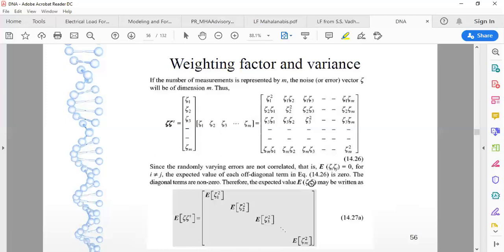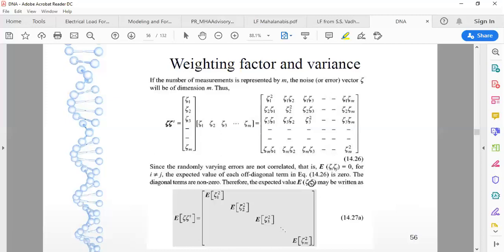So for that, let's find the product of zeta. What is zeta? Zeta is nothing but the error. If we multiply zeta and zeta transpose, we want to find zeta squared, but due to the size of that matrix, which is m cross 1, the product of zeta and zeta is not possible.